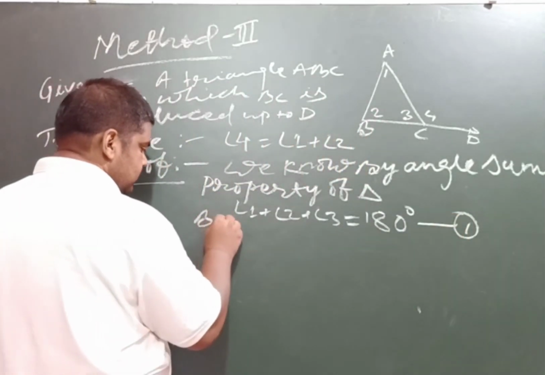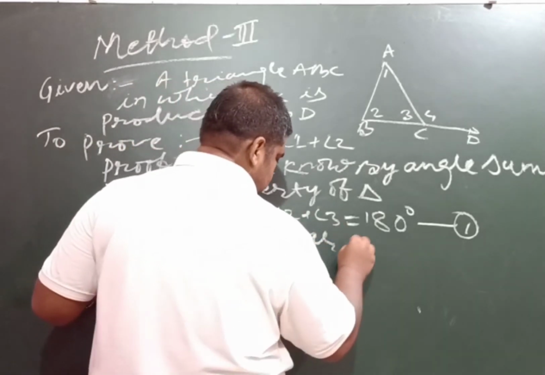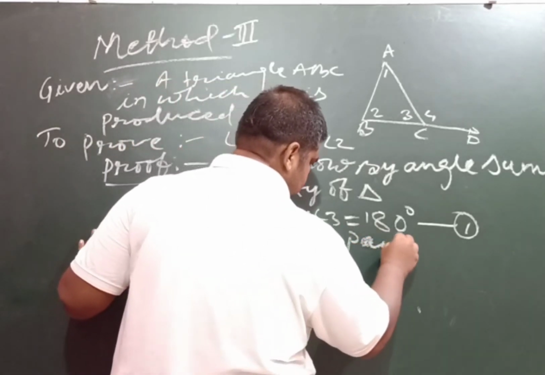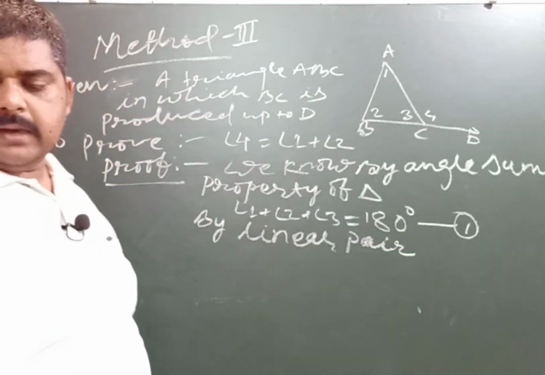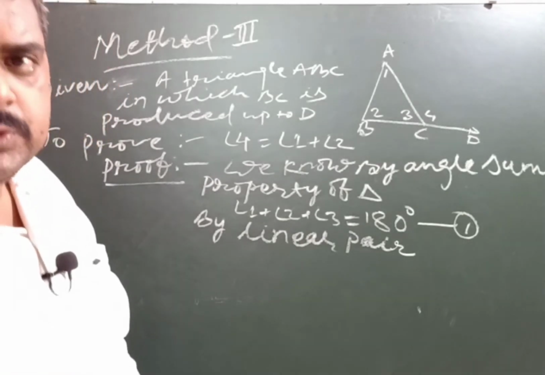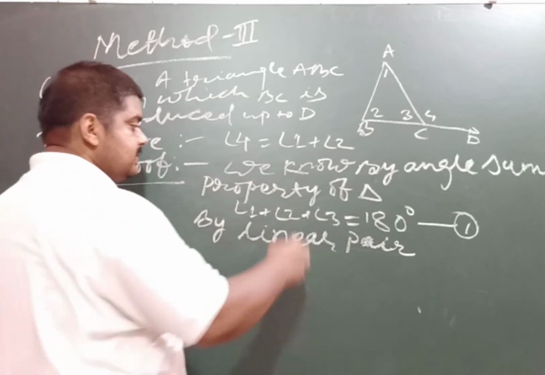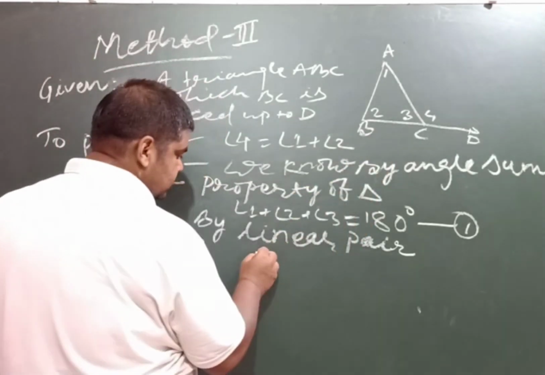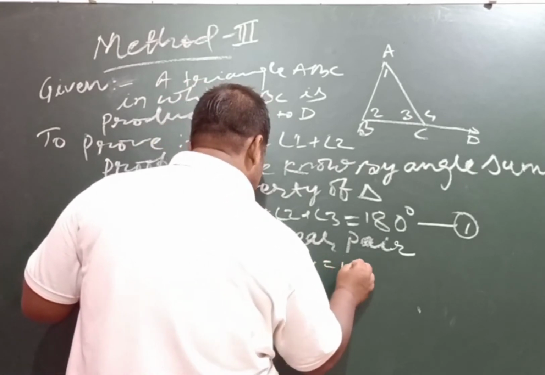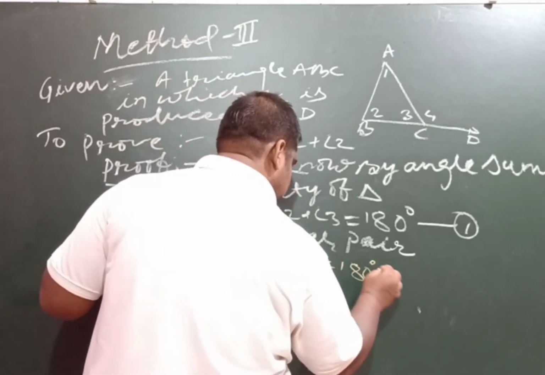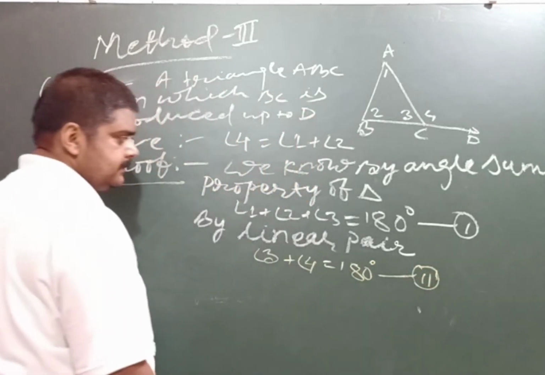And by linear pair, you know that the sum of two adjacent angles is equal to 180 degrees, and this is why angle 3 plus angle 4 is equal to 180 degrees, and it is considered as second.